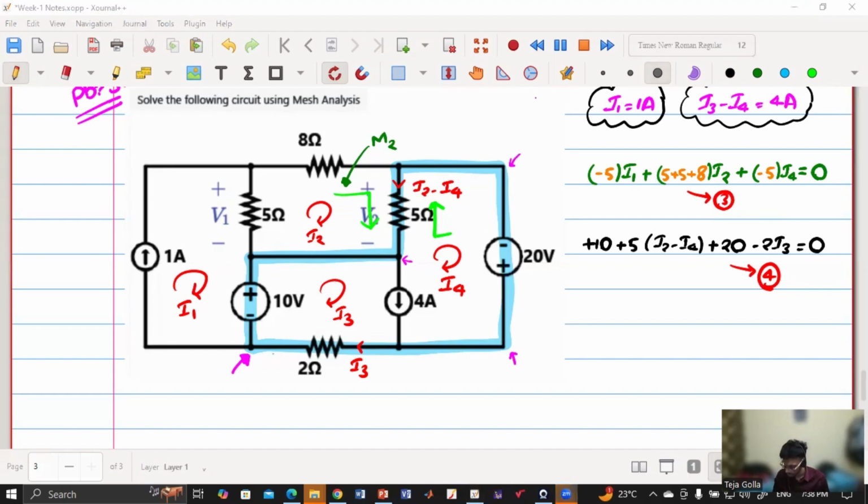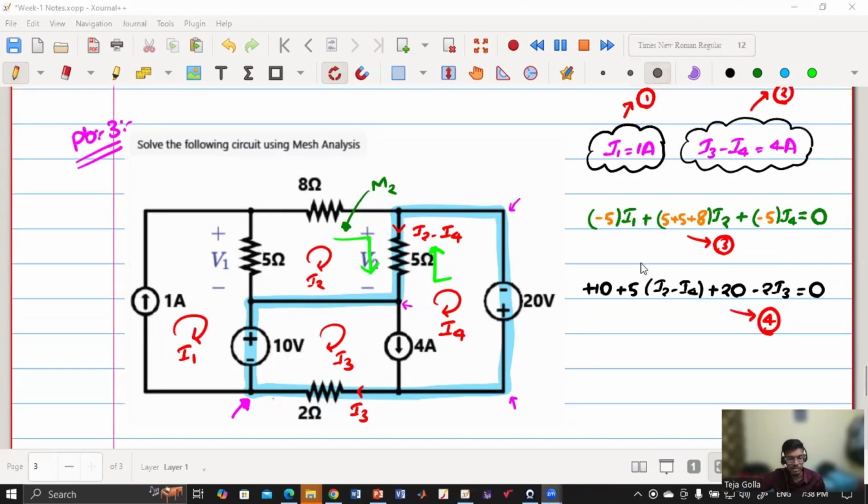Sir, how to get equation 3? Bhupendra Goyal, equation 3 we get because we have discussed how to get the mesh analysis equation in a given mesh. In this mesh, I2, the coefficient of I1 is the negative of the resistance in common between mesh M1 and mesh M2, which is 5, so minus 5. The coefficient of I2 is the summation of the resistances in that mesh, which is 5 plus 8 plus 5, 18.